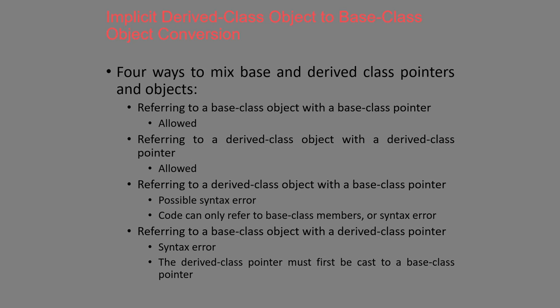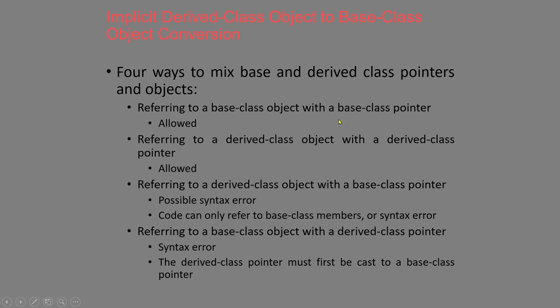We can mix the base and derived class pointers in four ways. Referring to a base class object with a base class pointer is allowed. For example, you have an object of the base class and you assign a pointer to it. The same is true for a derived class object with a derived class pointer. This is also allowed, because here the object type is the same.